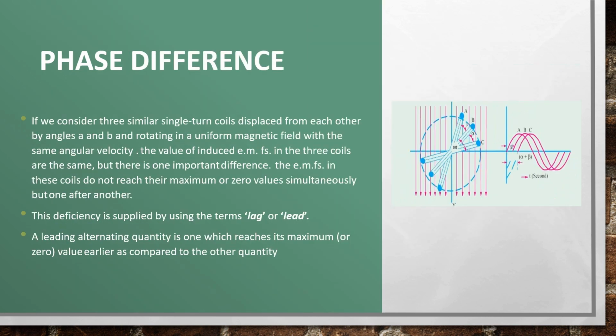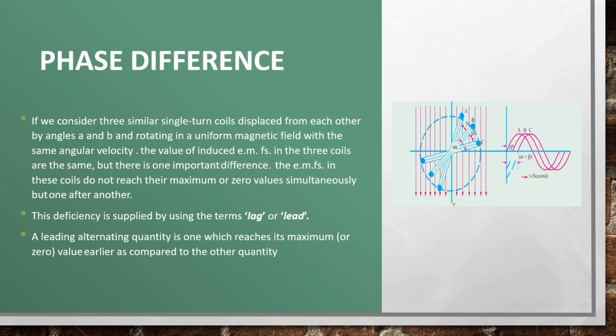If we consider three similar single-turn coils displaced from each other by angles A and B and rotating in a uniform magnetic field with the same angular velocity, the value of induced EMF in the three coils are the same, but there is one important difference.